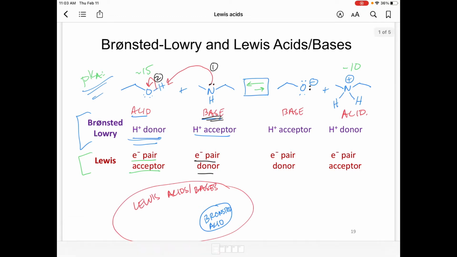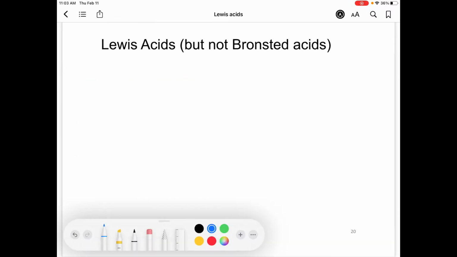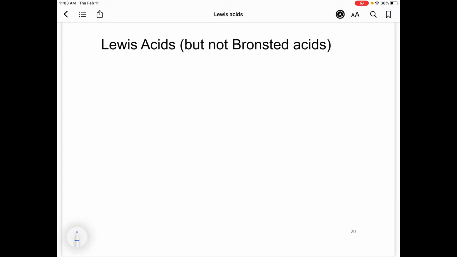Let's talk about some specific Lewis acids that you'll be using. Lewis acids are compounds that have atoms with an incomplete octet. These are ones that we use in synthesis. This is more commonly used. Now, these do not have any protons to give.